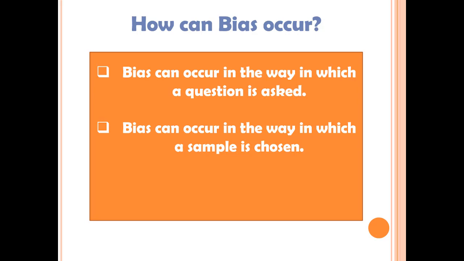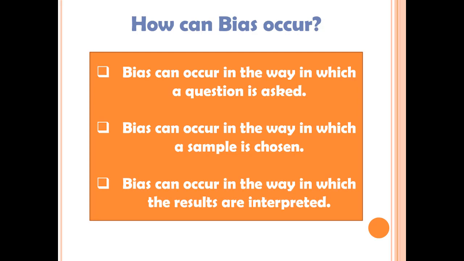So what you'll see is that bias can also occur in the way in which the results are interpreted. Sometimes you have researchers whose results are just whatever, but they make a big deal out of them, even though they're not that significant.